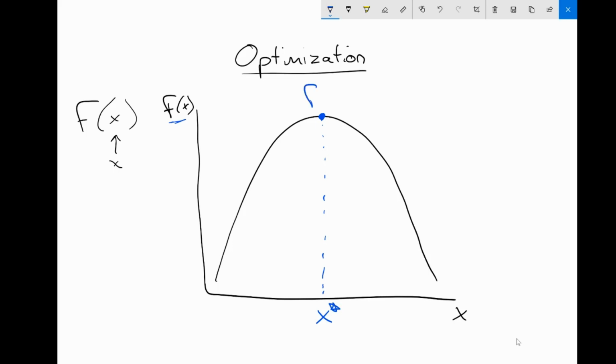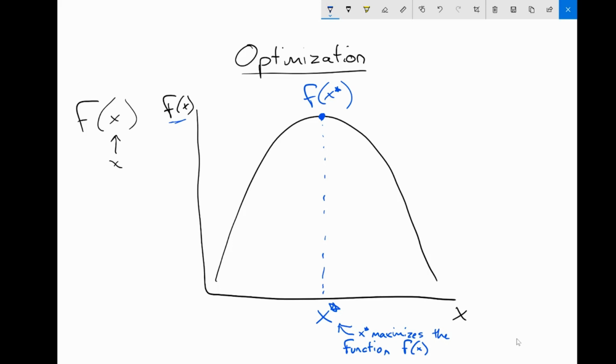So f of x star is the largest value of the function f of x. X star is the value of x that maximizes the function f of x. X star is the value of x that gives us the highest amount of f of x.